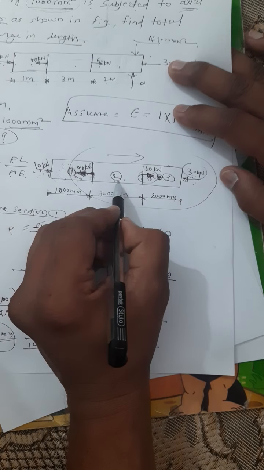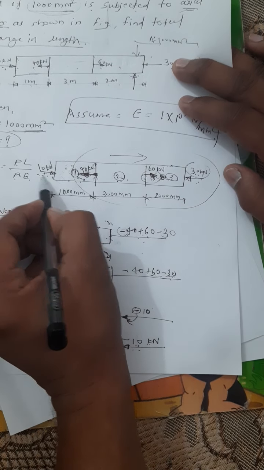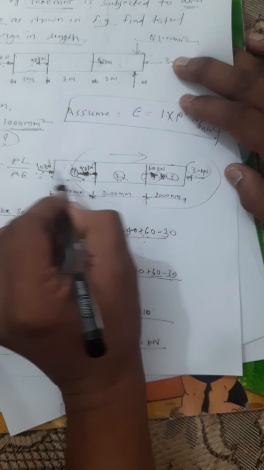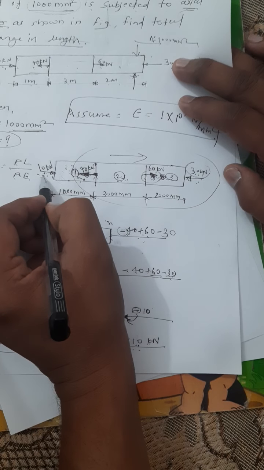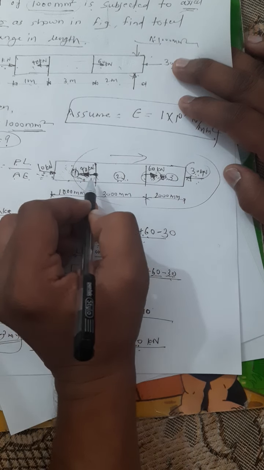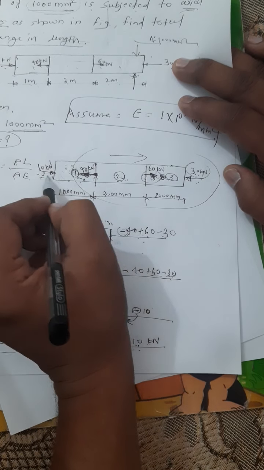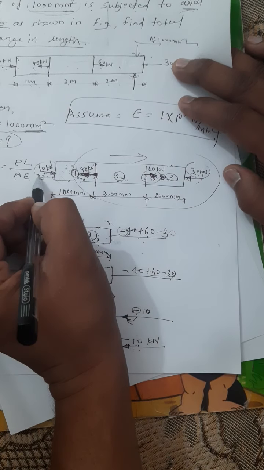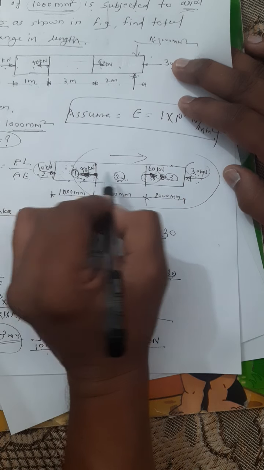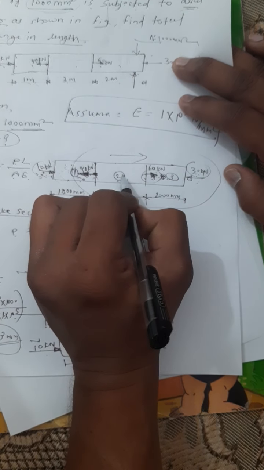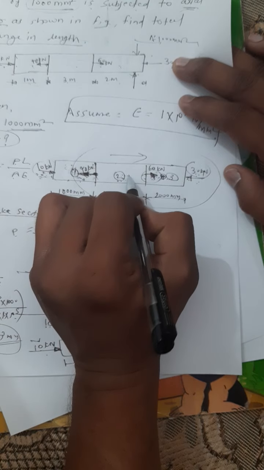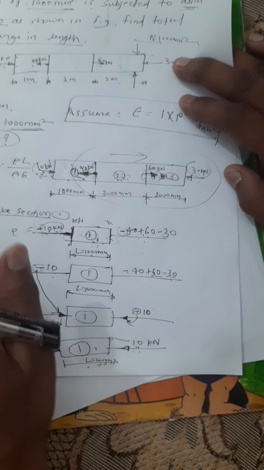From the left side, first force, how much? 10. And what is this 10 kilonewton force doing to section number 2? Just focus on section number 2; section number 1 goes over.